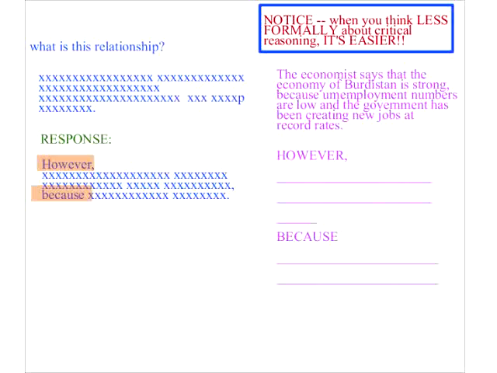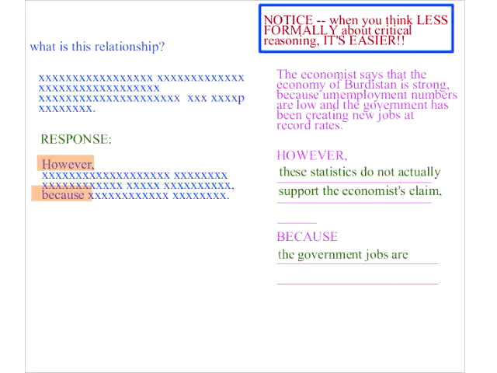However, something like this claim is, however, these statistics do not actually support the government's claim, or the economist's claim, because the government jobs are temporary and funded from money that will soon be exhausted.